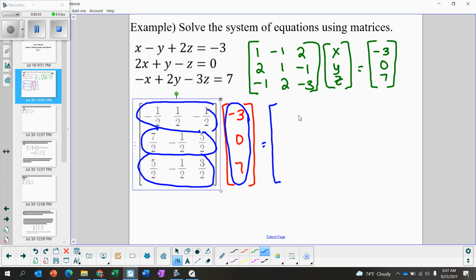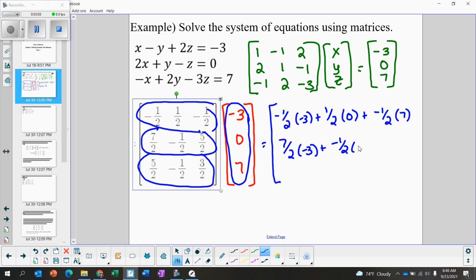So it's going to be -1/2 times -3 plus 1/2 times 0 plus -1/2 times 7. Then we have 7/2 times -3 plus -1/2 times 0 plus 5/2 times 7. And then last but not least, 5/2 times -3 plus -1/2 times 0 plus 3/2 times 7.